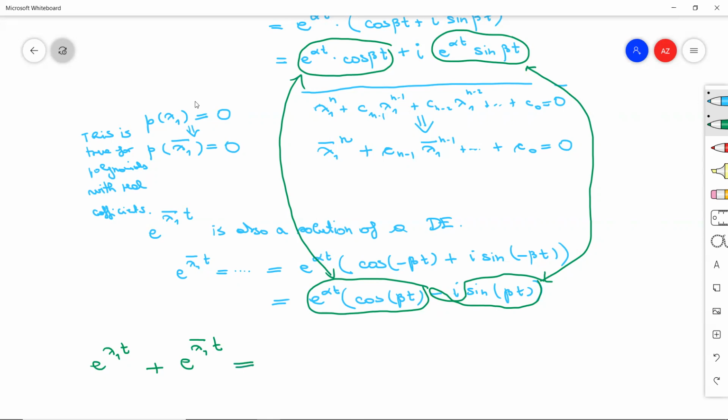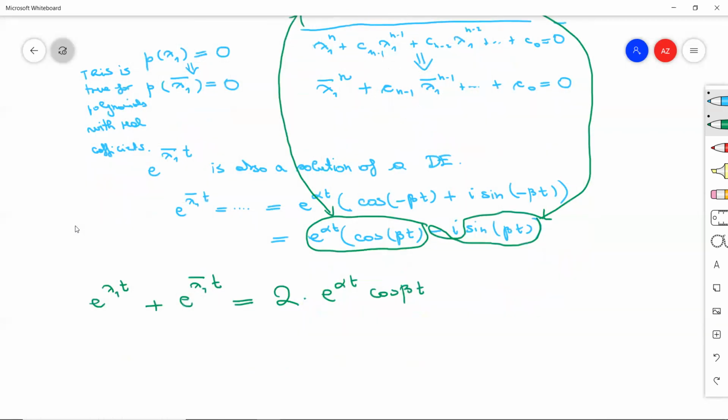And what is this sum? It's just 2 times the real part, which is 2 times e to alpha t cosine beta t. So if we also multiply everything by 1/2, we get this e to alpha t cosine beta t.